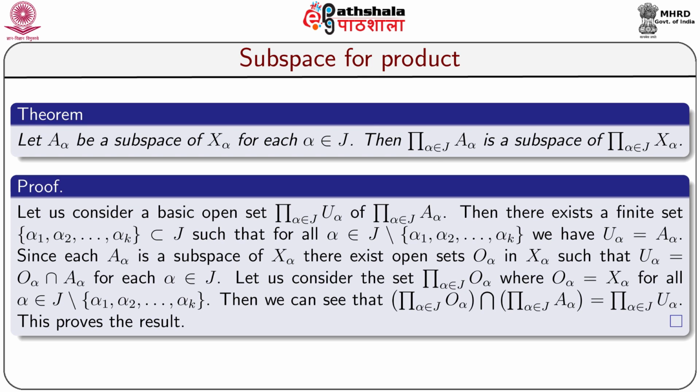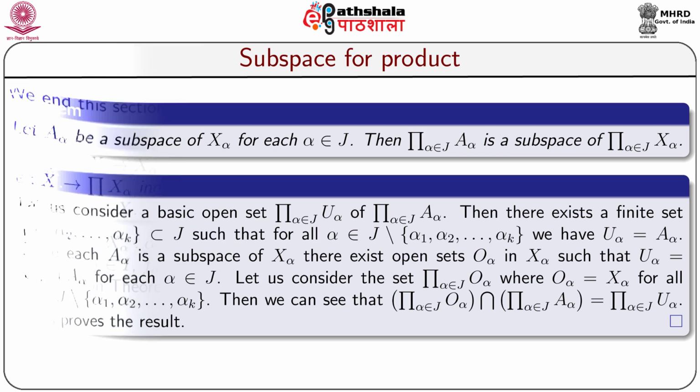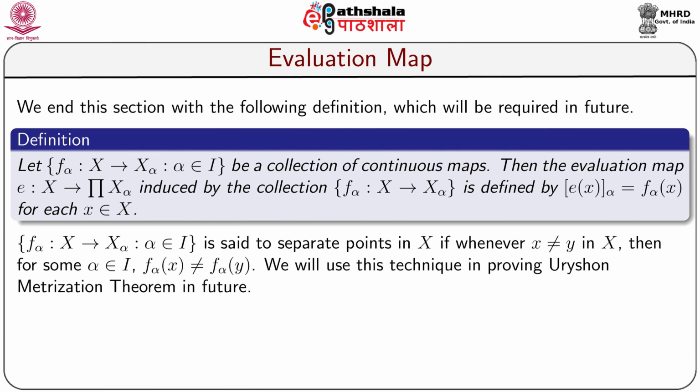Then we can see that the product of O alpha intersection the product of A alpha is equal to the product of U alpha. This proves the result. Next, we will define a map called the evaluation map, which will be required for our future purpose.